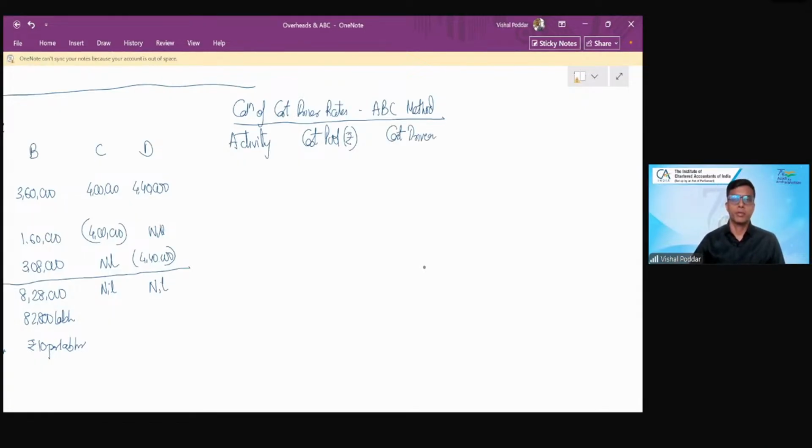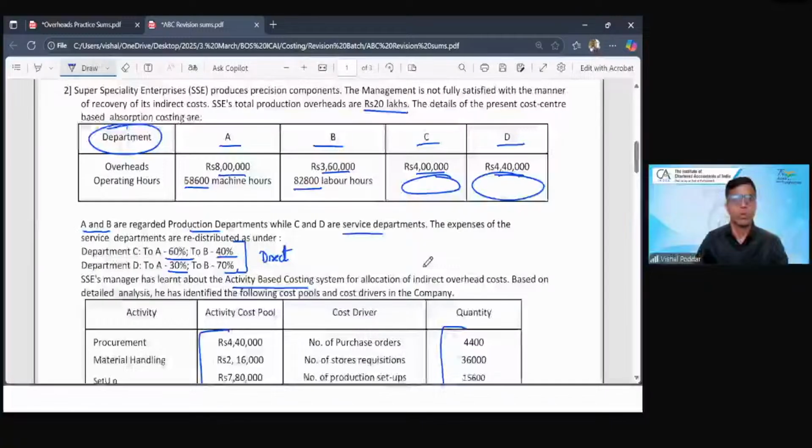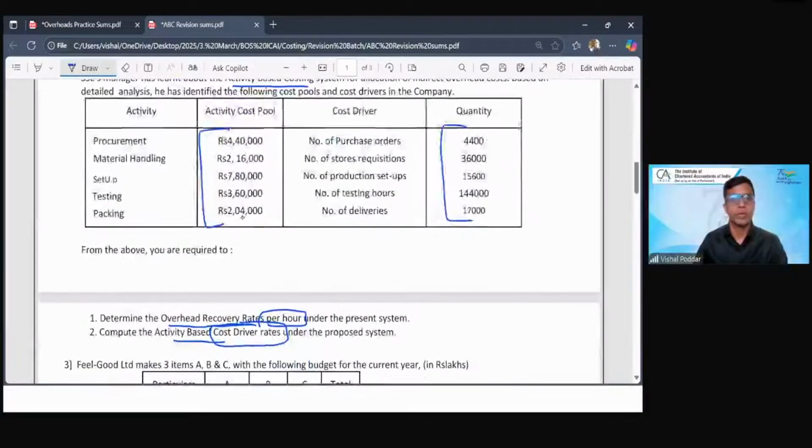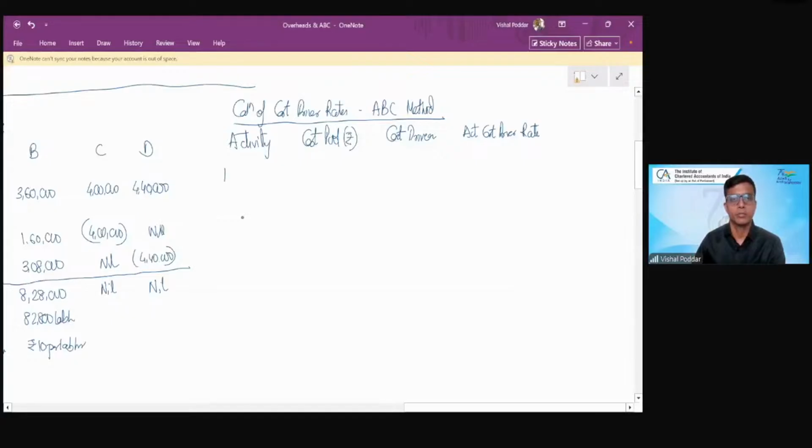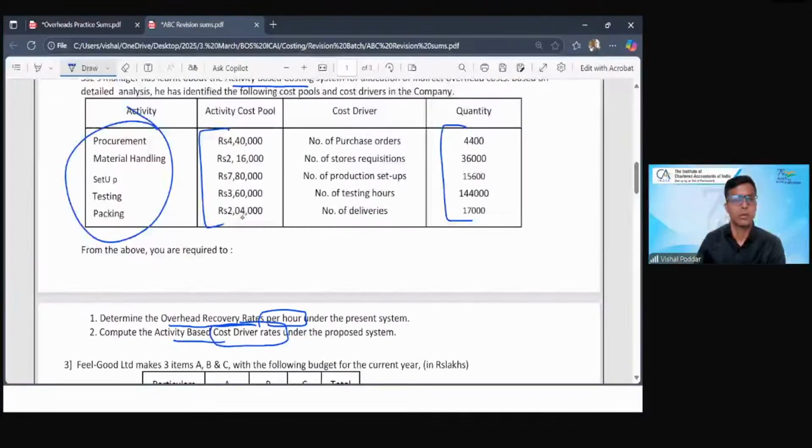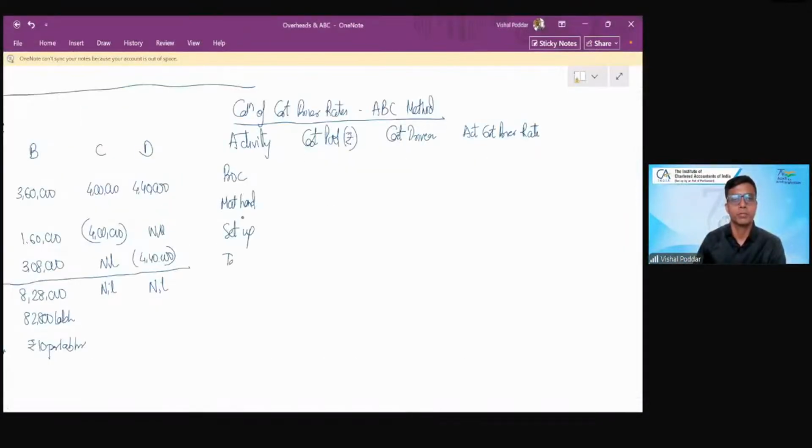Third is the cost driver. And then the activity cost driver rate. Now, what you have to simply do is copy paste this: procurement, material handling, setup, testing, packing.